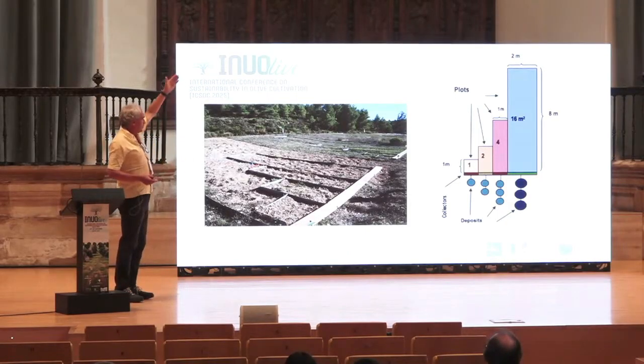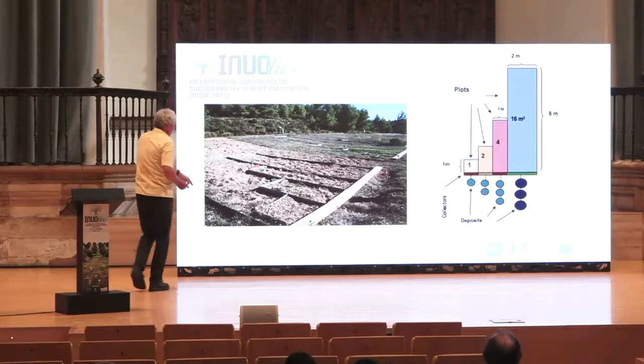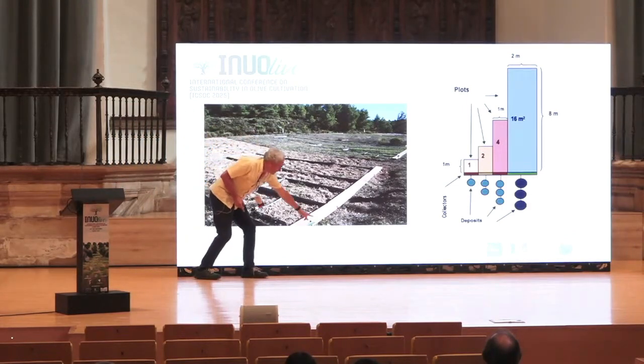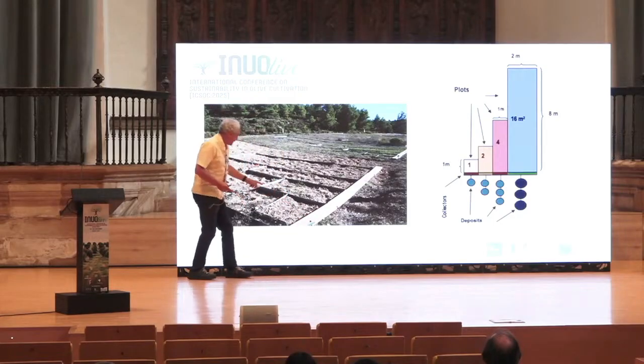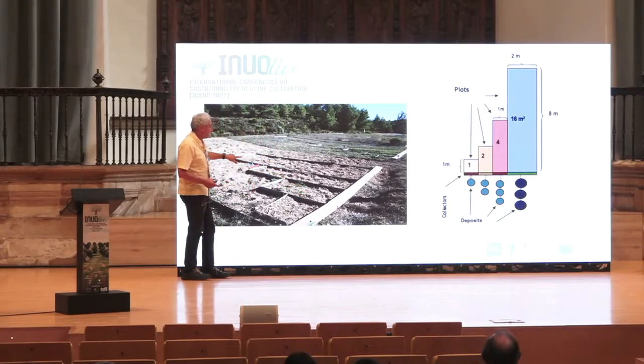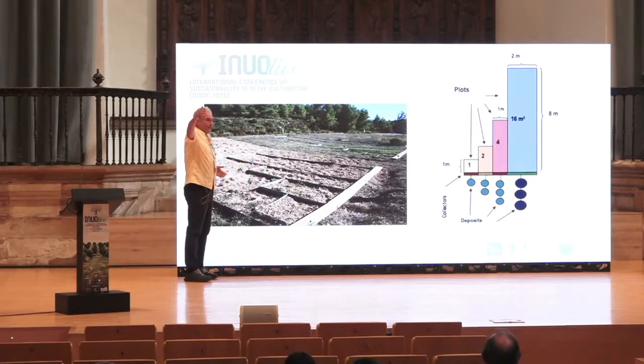Because usually in this plot, you can see here, is the 1 meter square. If something moves, it's collected here, but here, in the second, some material that is moving here is deposited here. And then the same here. Then when you increase the size of the plot, you reduce the erosion rate. Okay?